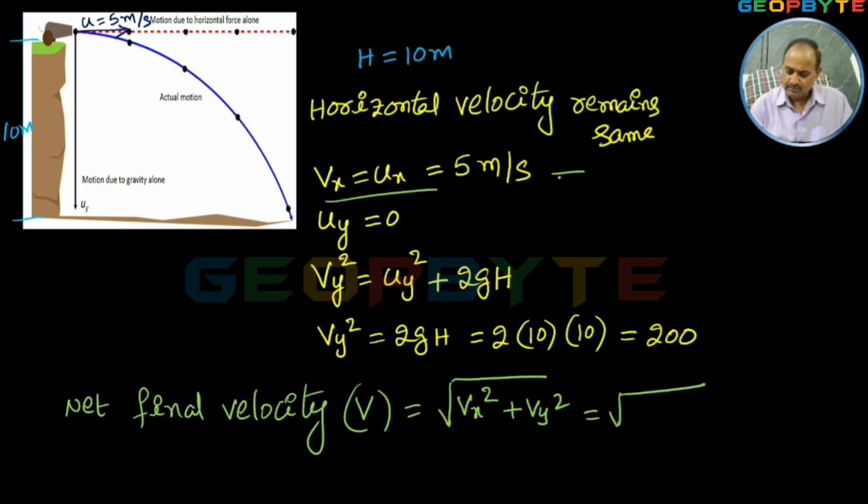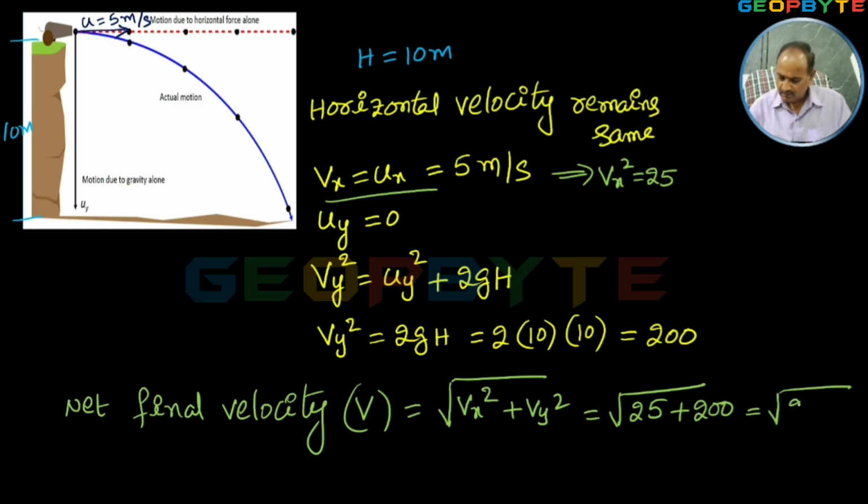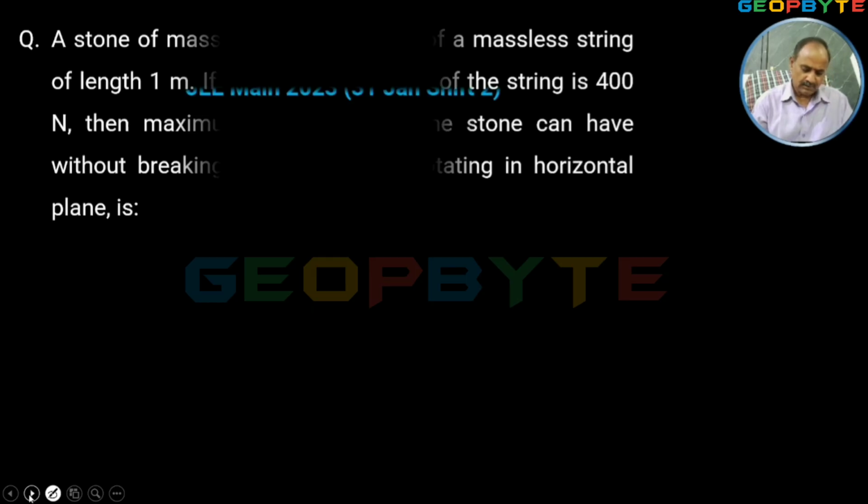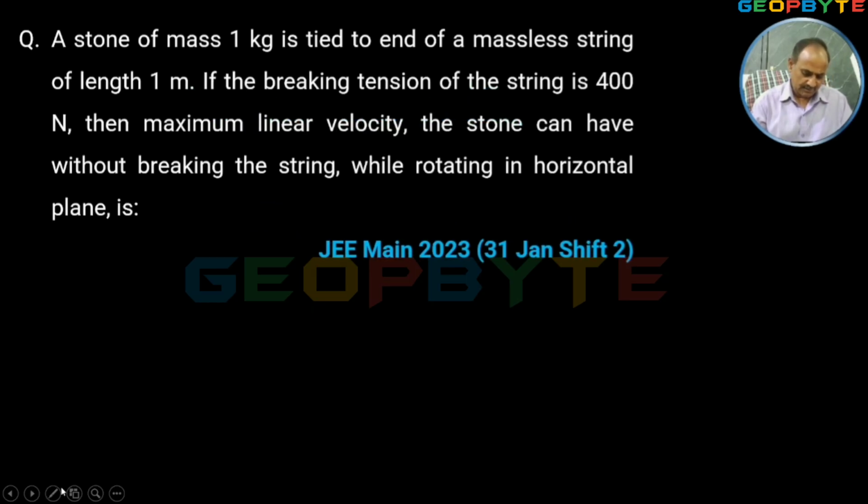Vx equal to 5, then vx square equal to 25, plus vy square 200. It is equal to root under 225. It can be written as root over 15 whole square. So it is equal to 15 meter per second. That is the answer. Understood clearly? Yes. Then look at the another question.